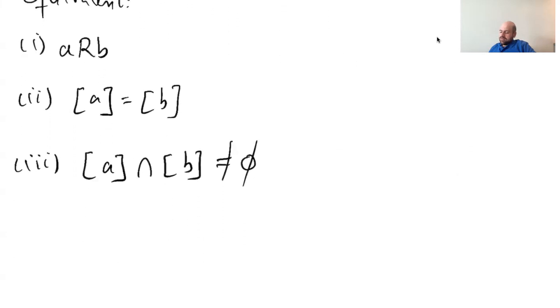So here we are saying that two equivalence classes are equal if and only if their intersection is non-empty. You could also say that two equivalence classes are different if and only if their intersection is the empty set.